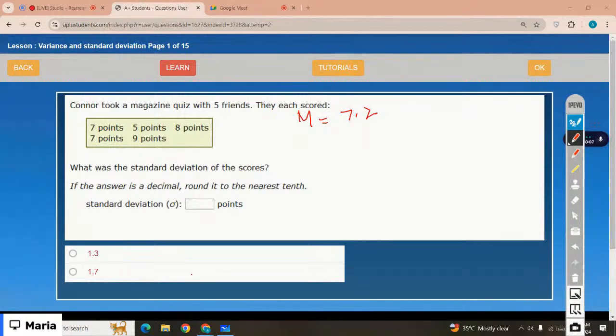You have to calculate the standard deviation. For standard deviation, you need to calculate the variance first. You have to subtract the mean from each value and calculate their squares.